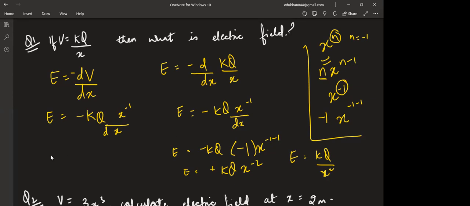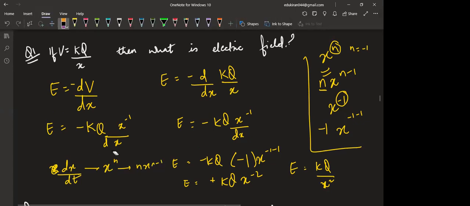Once you write n x to the power n minus 1, the dx doesn't have any significance because you have converted it into its main form.